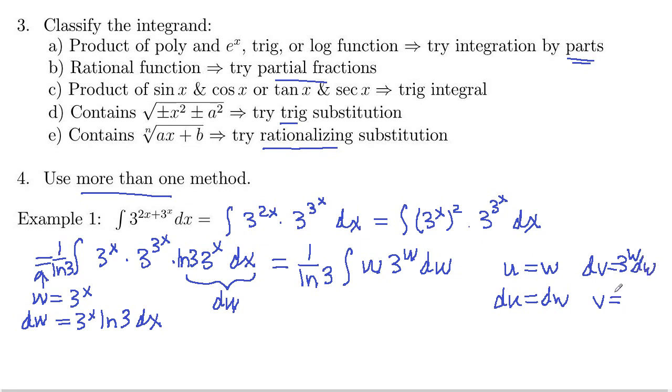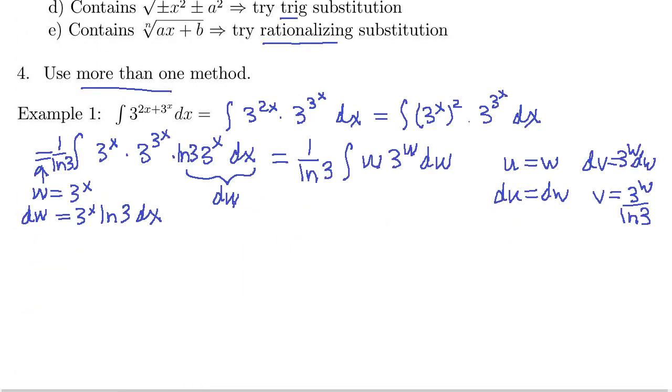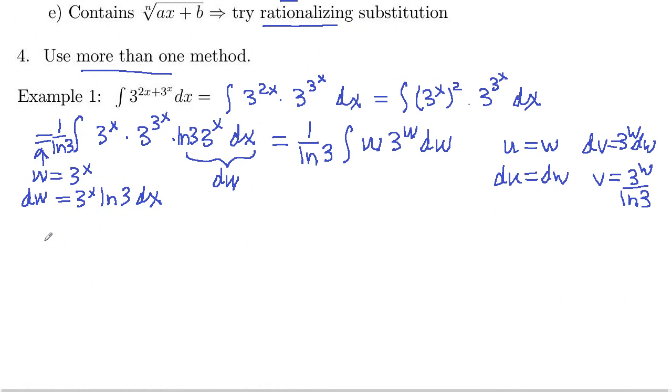And remember, when you integrate 3 to a power, you get 3 to the power, and then divide by log of the base, ln 3. So now in the next step, this will be, got that 1 over ln 3 out in front, and then you want uv, the diagonal product, minus the integral of the bottom.